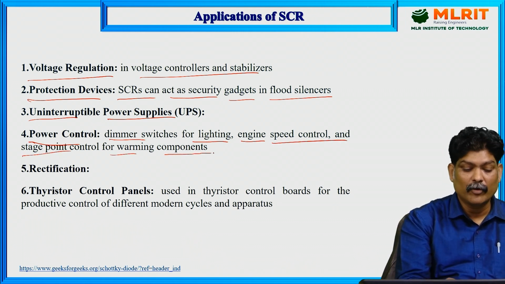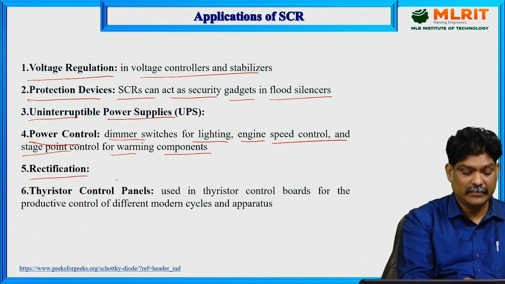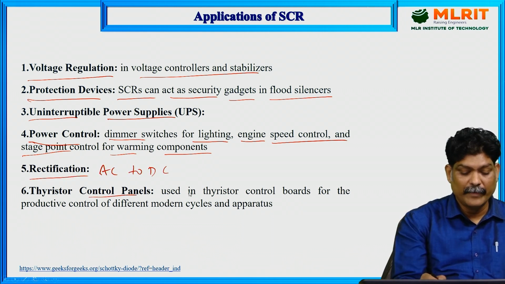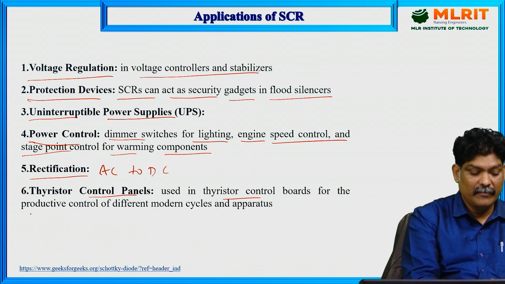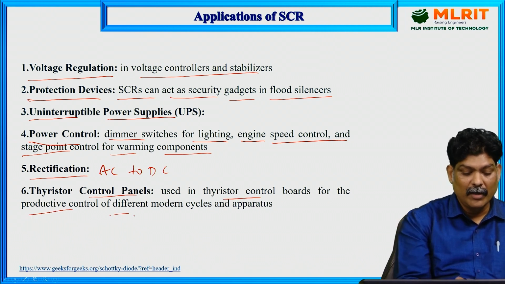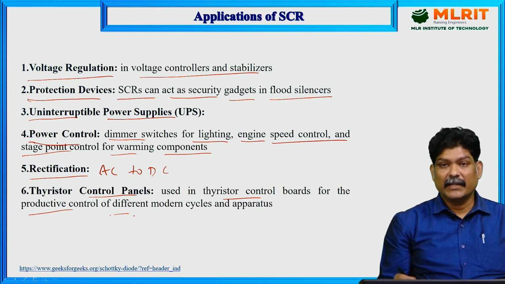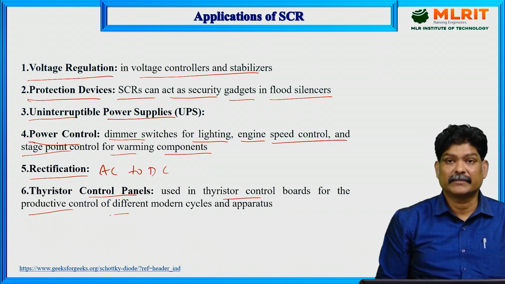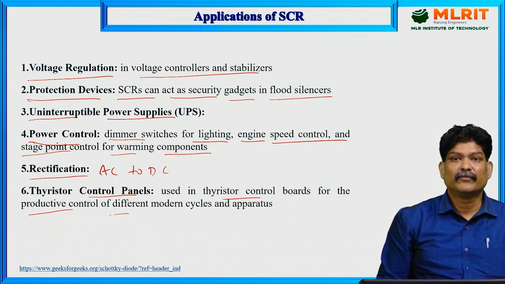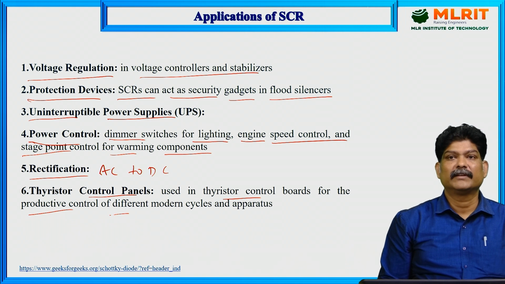For warming components and rectification, AC to DC, and thyristor control panels used in thyristor control boards for the protective control of different motor cycles and apparatus. So these are a few important applications of SCR.